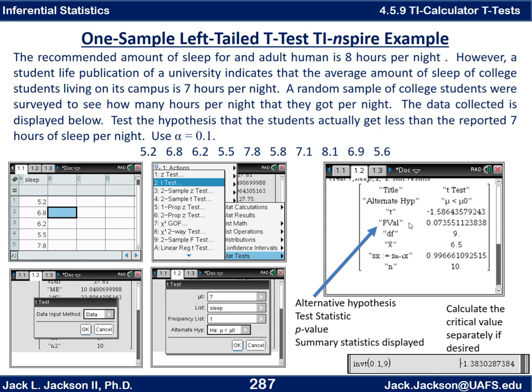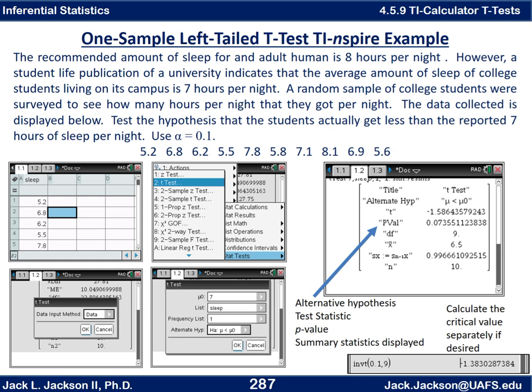this particular little table here. And so notice that we see the alternative hypothesis is listed, mu is less than mu naught. The test statistic is negative 1.58 whatever. P-value is 0.07 something. It also returns the degrees of freedom, the x bar, the s of the x's, and the n value for our sample, basically the same thing returned by the TI-84.